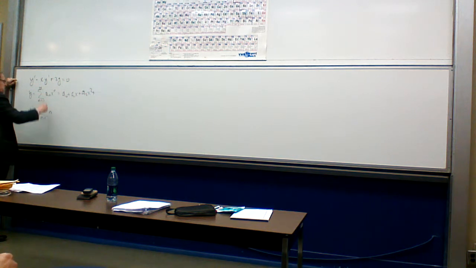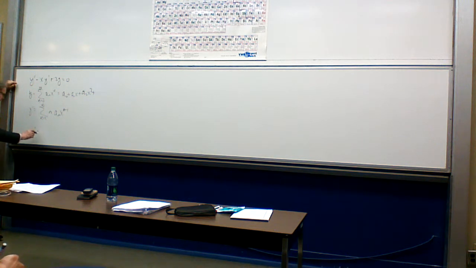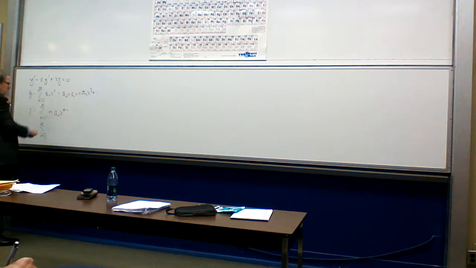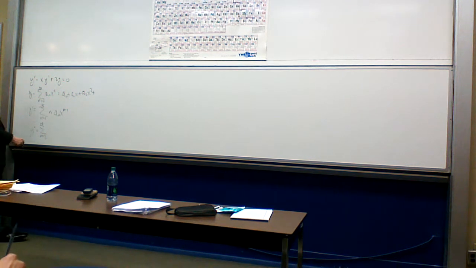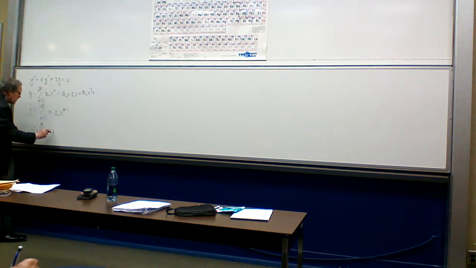Derivative of a sub n x to the n is n a sub n x to the n minus 1. Second derivative again, the constant term now is the n equals 1 term, n times a1 x to the 0 is 1, so I lose another term: n times n minus 1, a sub n x to the n minus 2.